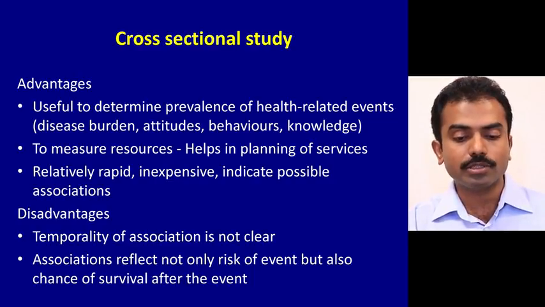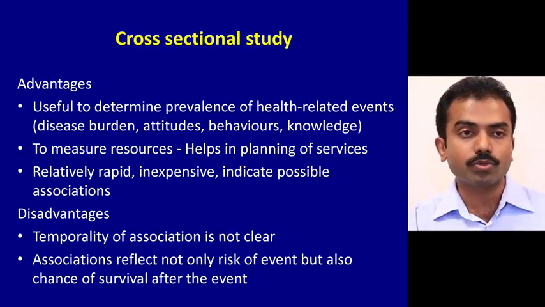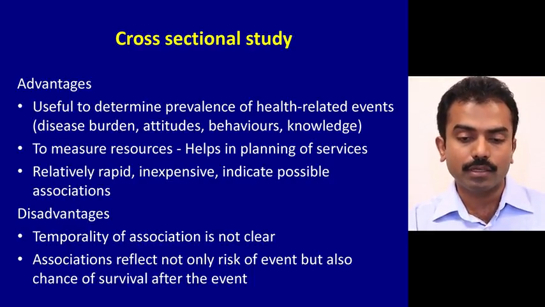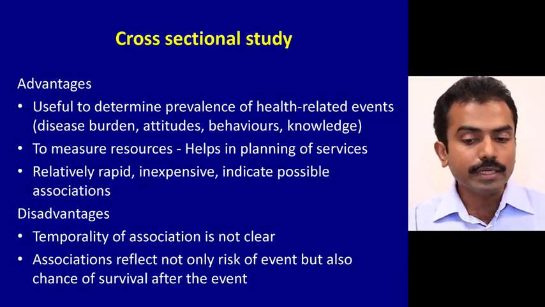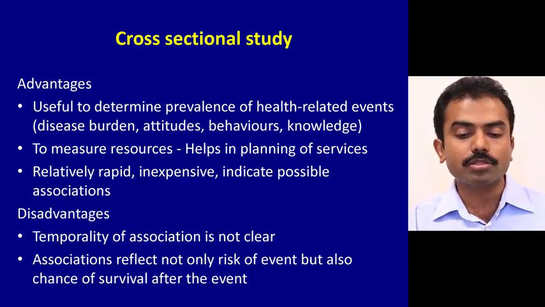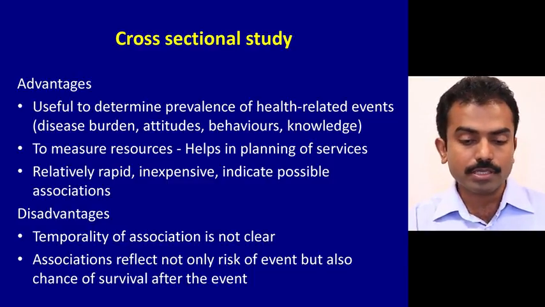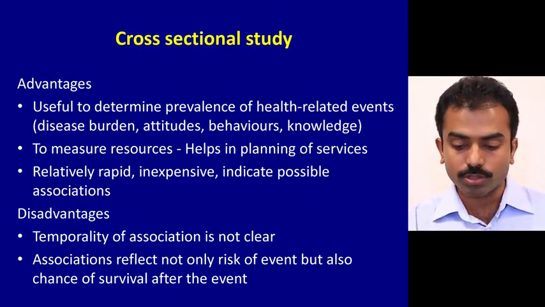The main disadvantage is the temporality of association is not at all clear in a cross-sectional study. And the associations, even if we find out in a cross-sectional study, reflect not only risk of outcome, but also chance of survival after the outcome has developed. So these are the two important disadvantages.